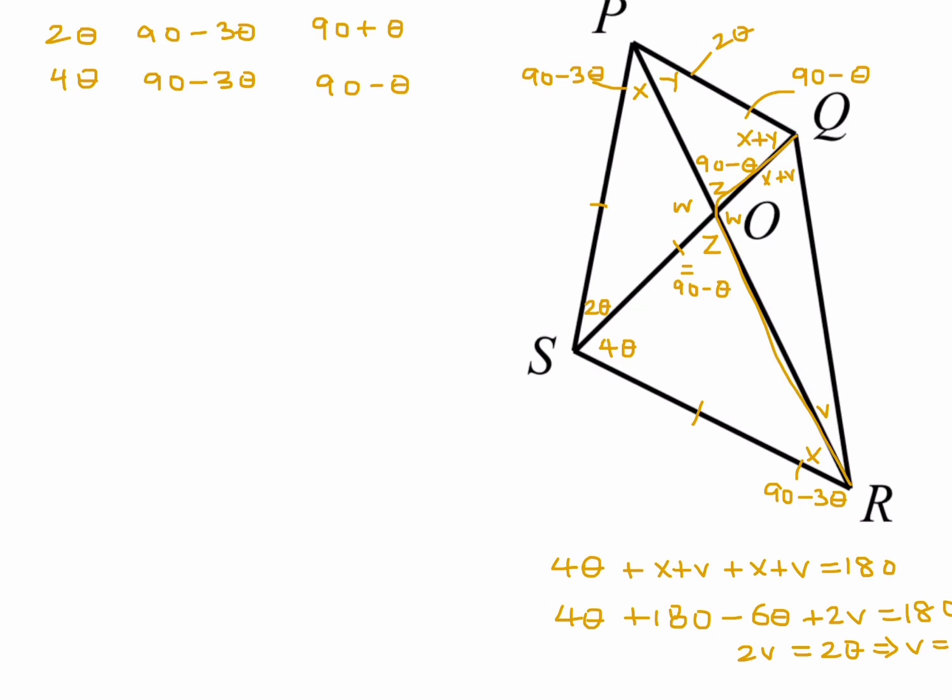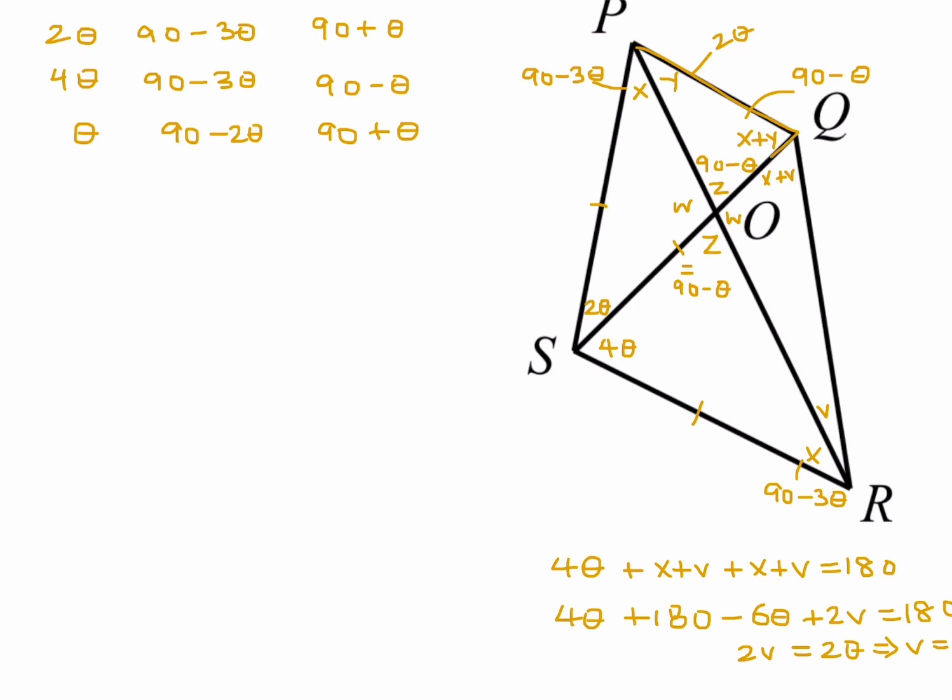Okay, and then in this triangle, I've got v, which I just figured out was theta, and then x plus v, which I guess would be x is 90 minus 3 theta, and then v is theta, so 90 minus 2 theta. And then the other angle is w, and w is equal to 90 plus theta.